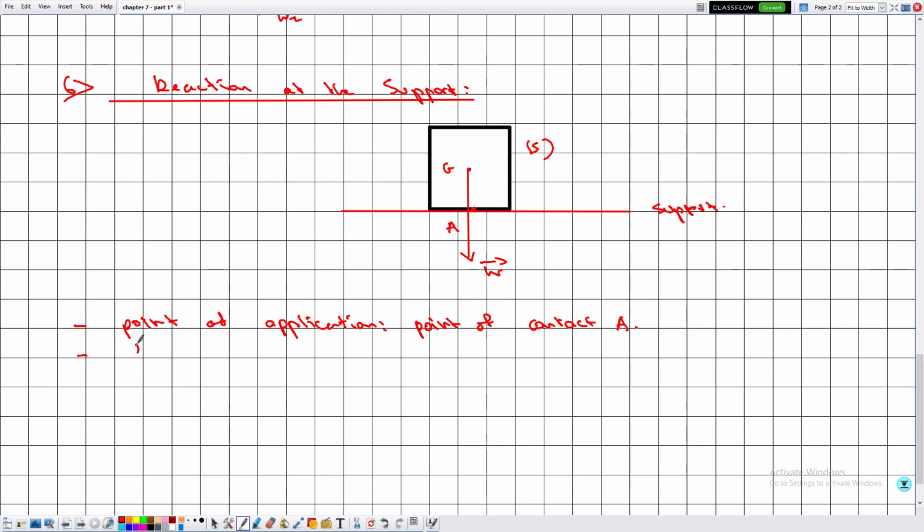Now, as for the line of action, perpendicular to the support, so in this case it's given by vertical.